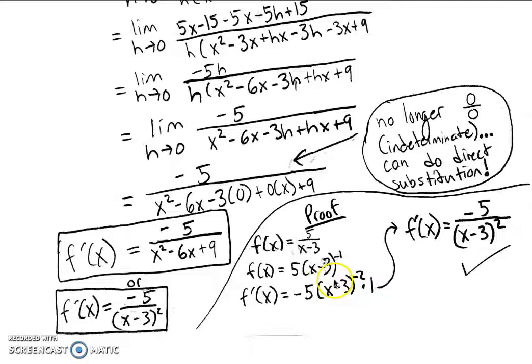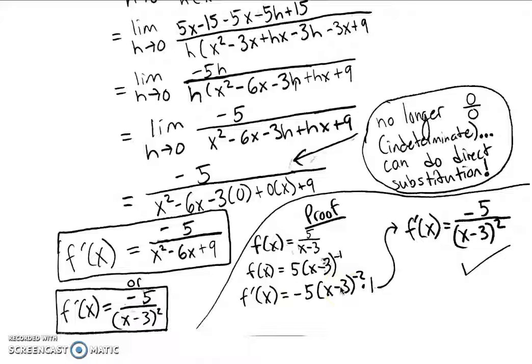Again, using the chain rule, bring that -1 down, you get -5 times (x minus 3) to the -2 times the derivative of what's inside, which is just 1. Then rewriting that, you get -5 over (x minus 3) squared, which is what we have, and as we can see, the proof checks out.